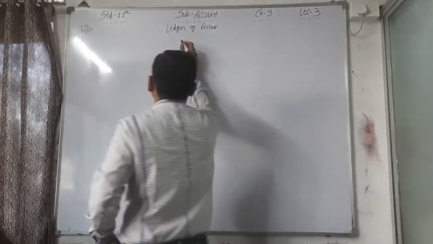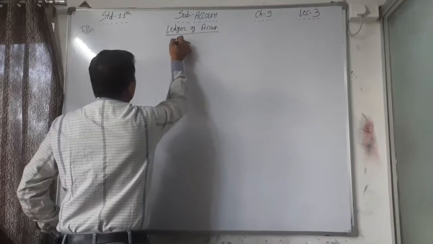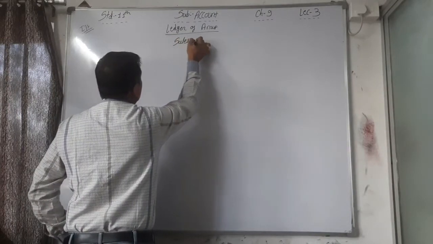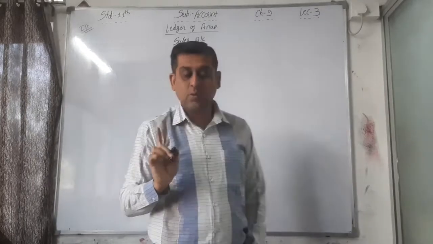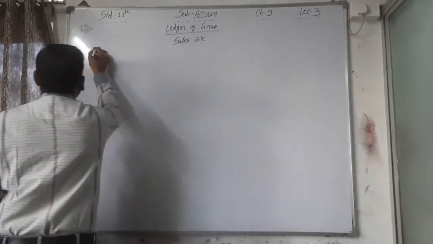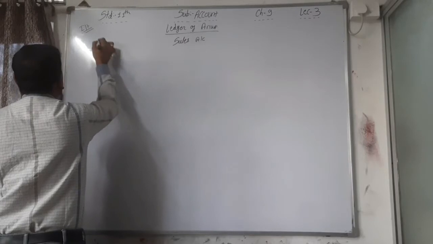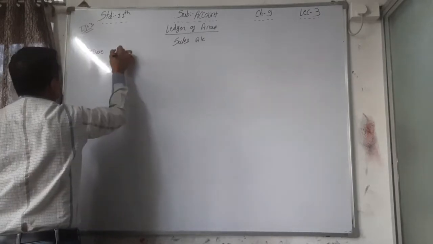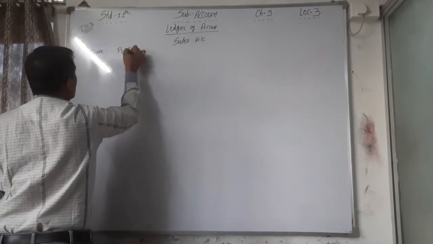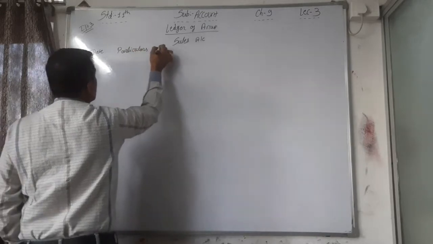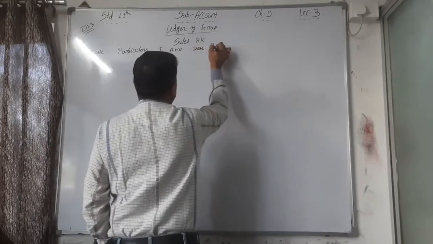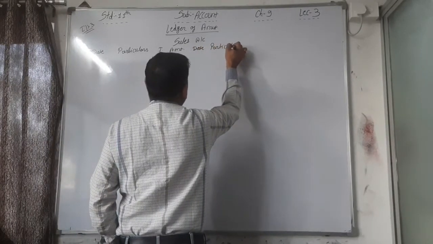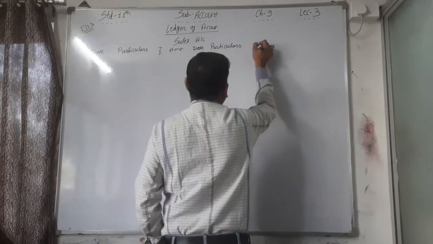Sales account first, because it is the sales book, that's why we have to prepare the sales account first. Date, particulars, JF, amount, date, particulars, JF and amount.